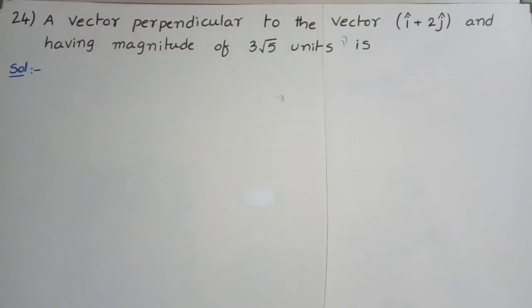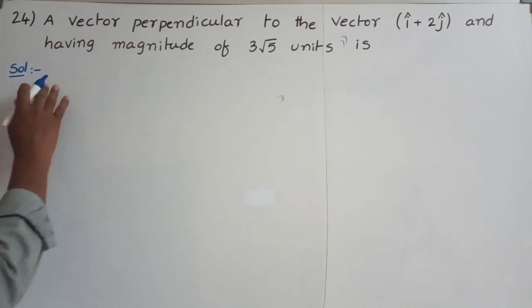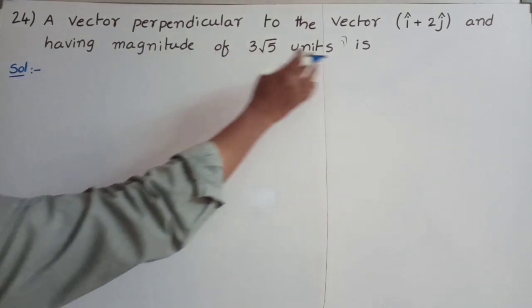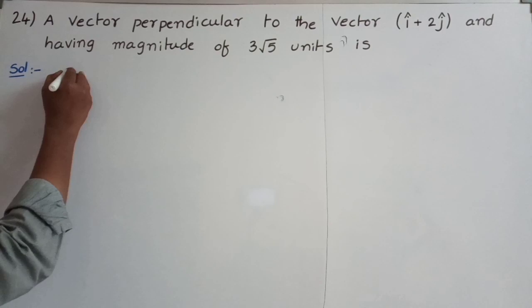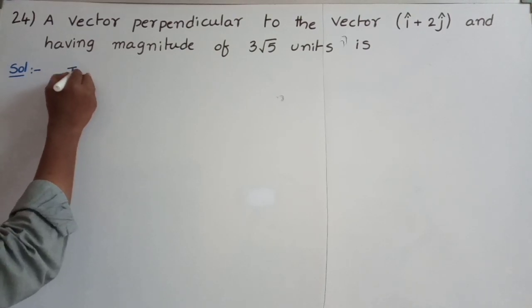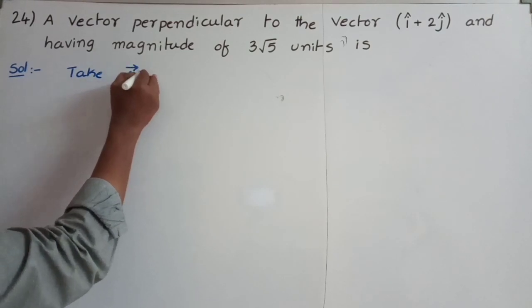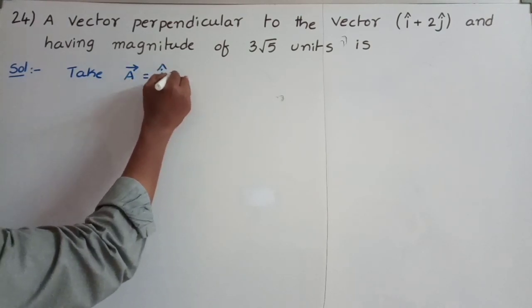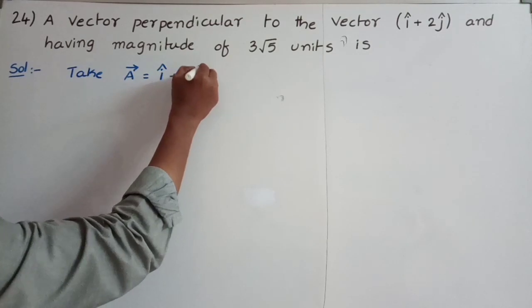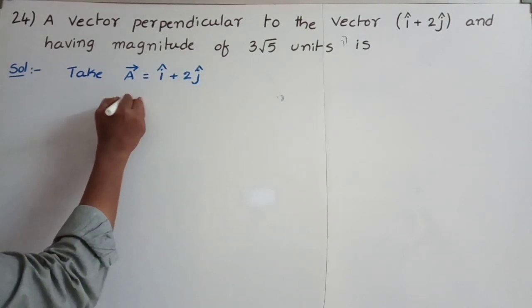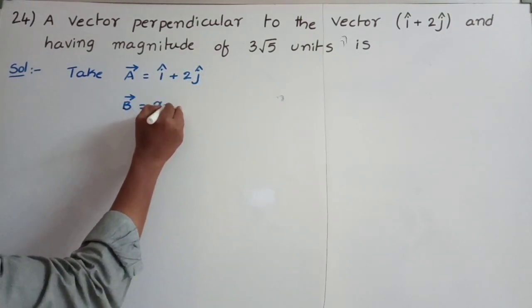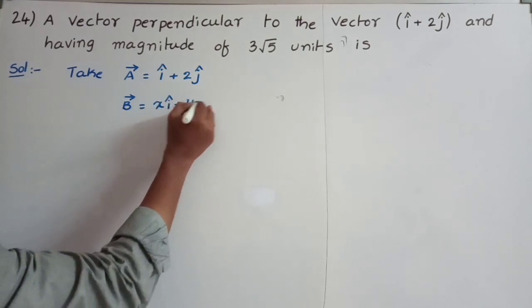Problem number 24. A vector perpendicular to the vector i cap plus 2j cap and having magnitude of 3 root 5 units is. Here, assume a vector which is perpendicular to the given vector. Take a bar equal to i cap plus 2j cap and another vector taken as x into i cap plus y into j cap.